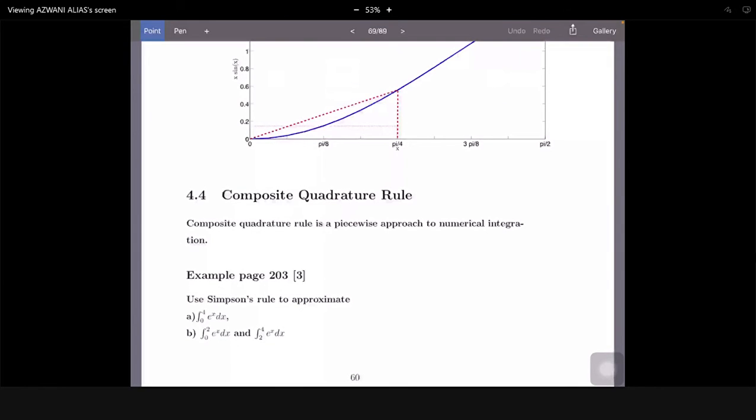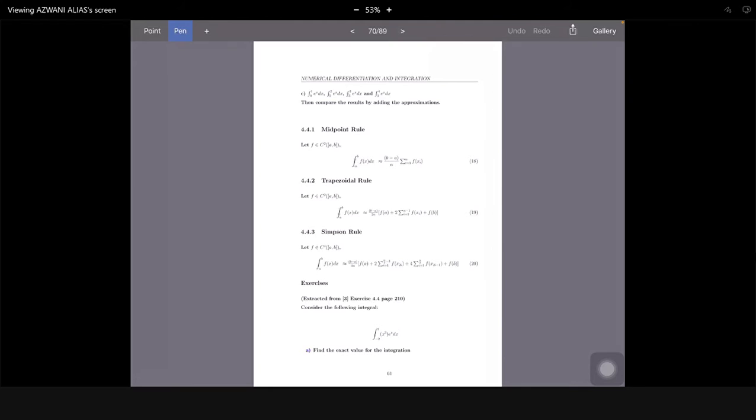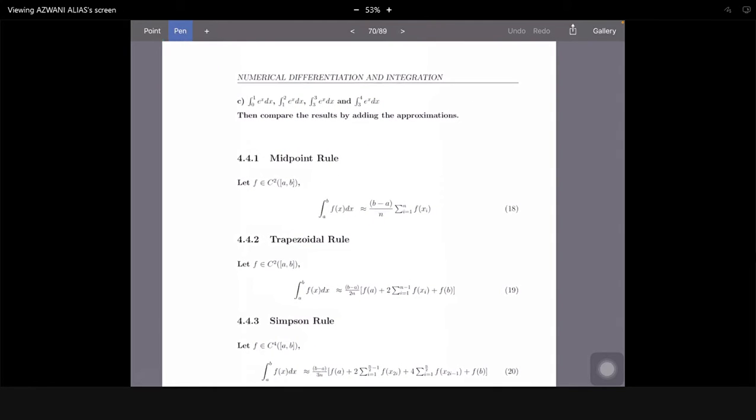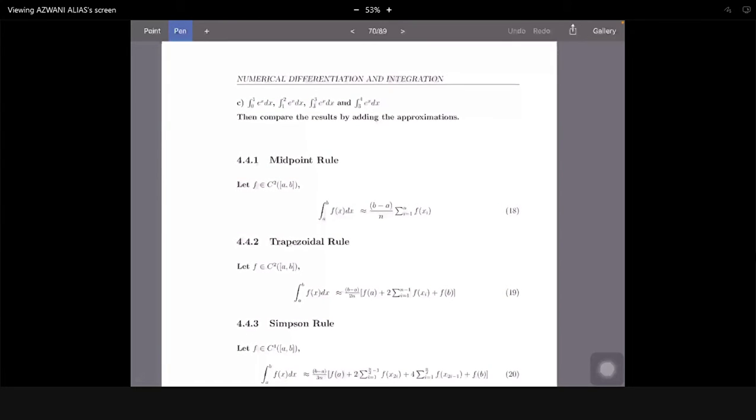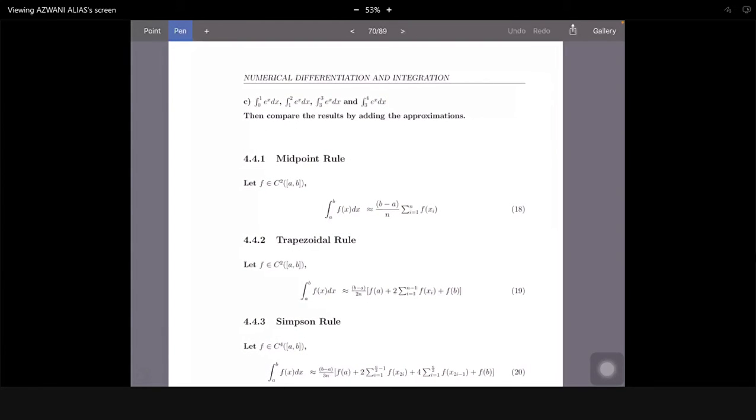Okay, dia adalah merupakan piecewise approach. Okay, so example kat sini dia suruh use Simpson Rule to approximate the following integral. Compare and then compare the result by adding the approximation. Okay, so before kita proceed, kita masuk kepada composite midpoint rule, composite trapezoidal rule and composite Simpson rule.